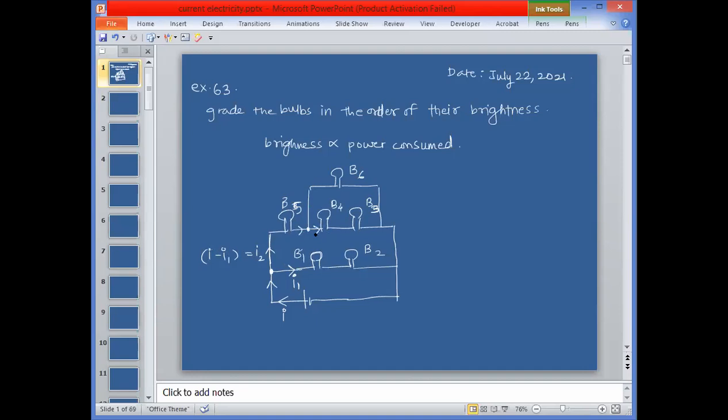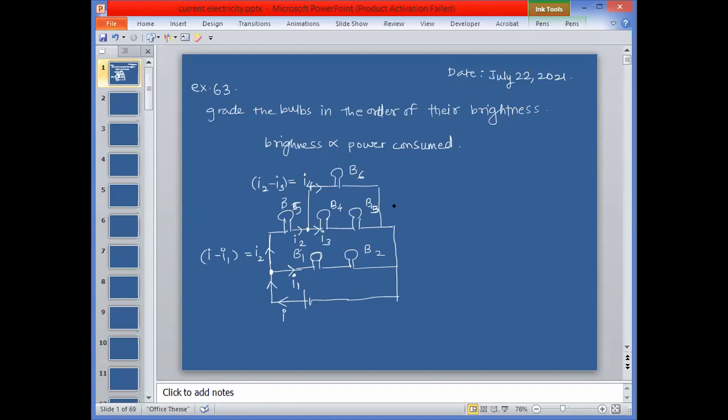You can call this current I3 and the remaining current I4, or you can call it I2 minus I3. This is I2, right? First of all, we assign the currents.